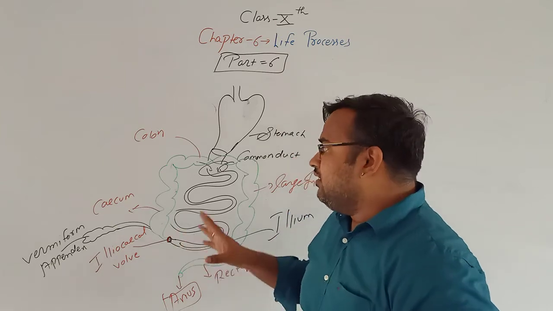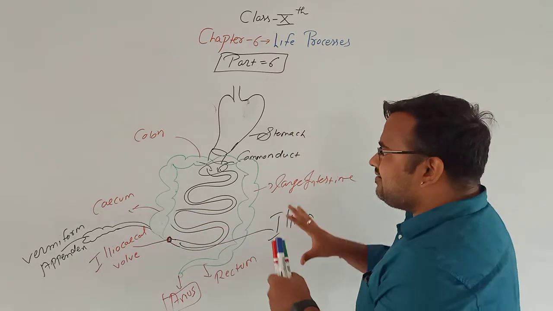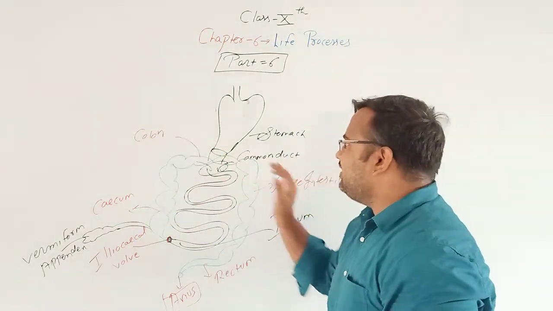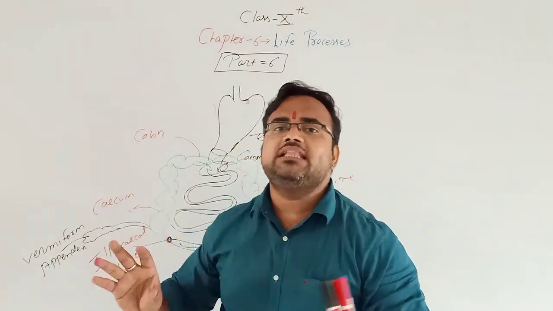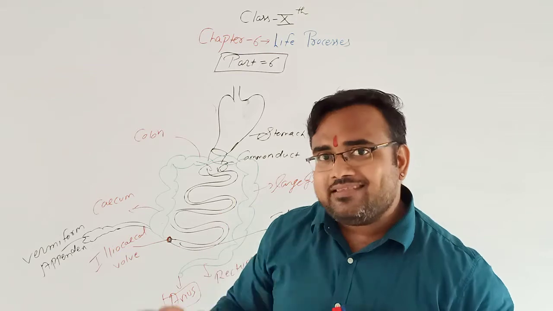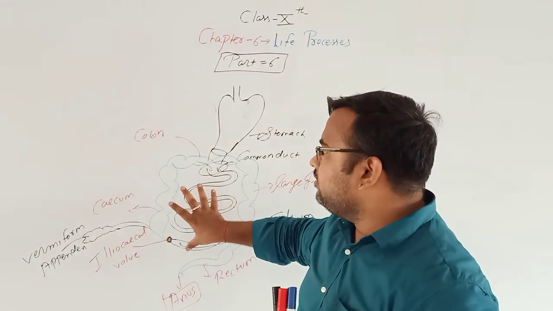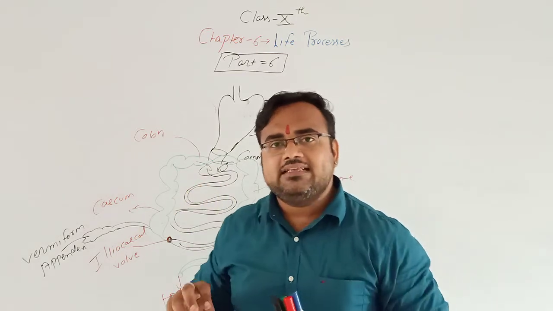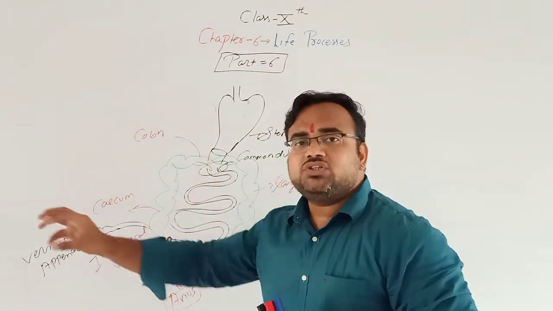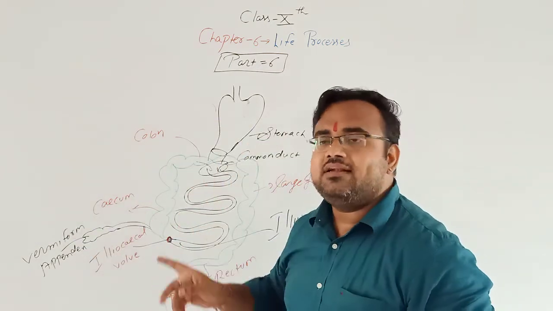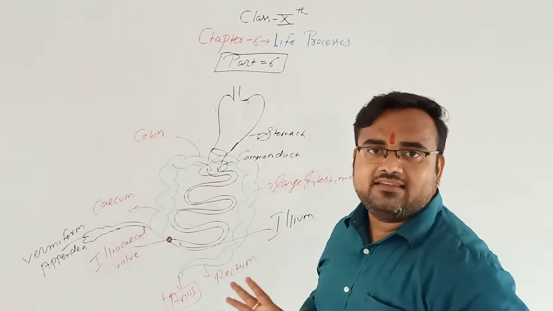Clear? Now see, the large intestine contains three parts: cecum, colon, and rectum, and the main function of the large intestine is only the absorption of water. You can say the digestion is complete in the small intestine, but the absorption of water takes place only in the large intestine.